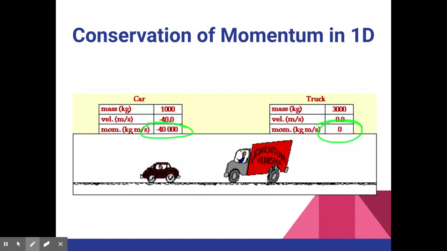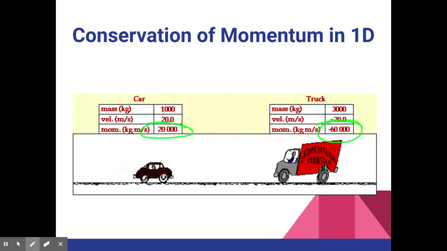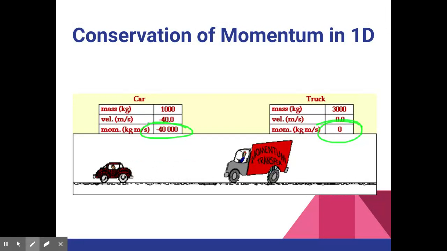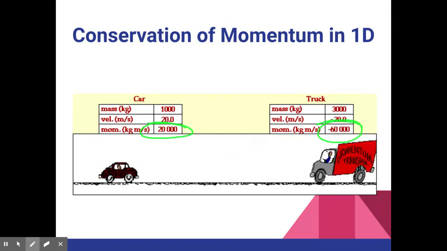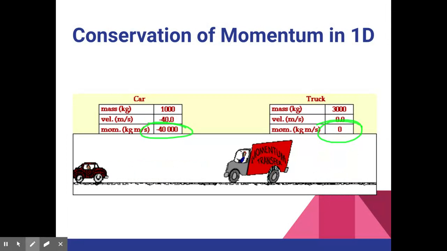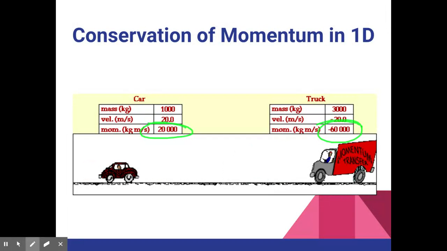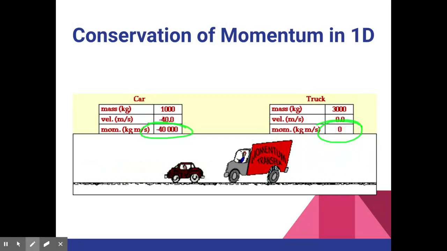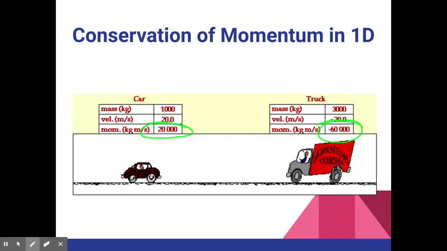We see here it's negative 60, which just means that it's in the opposite direction of the car. And the car being a positive 20 just means that it's in the positive direction. Once they collide, the car takes in that energy, is now moving in the opposite direction from where it started, and its momentum is equal to the difference between the two.